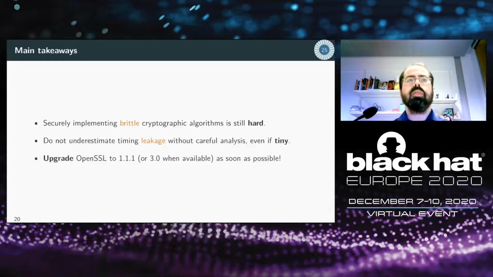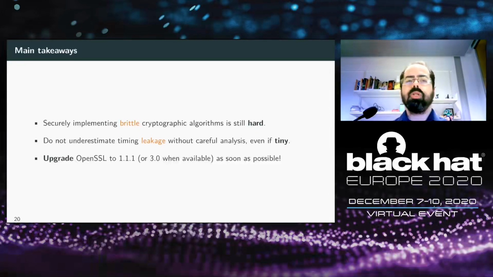The main takeaways of this part of the talk are that securely implementing cryptographic algorithms that are brittle is still very hard. Many things can go wrong in very subtle ways. In particular, it's important to not underestimate small timing leakage coming from insecure implementations, because an attacker may be able to find a way to exploit those and recover a long-term private key.